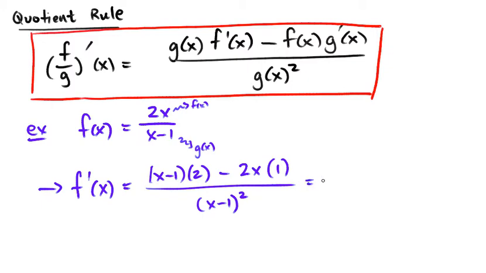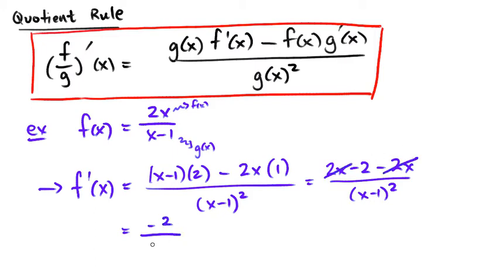And we do need to go ahead and simplify this, so this is 2x minus 2 minus 2x all over x minus 1 all squared, or that.